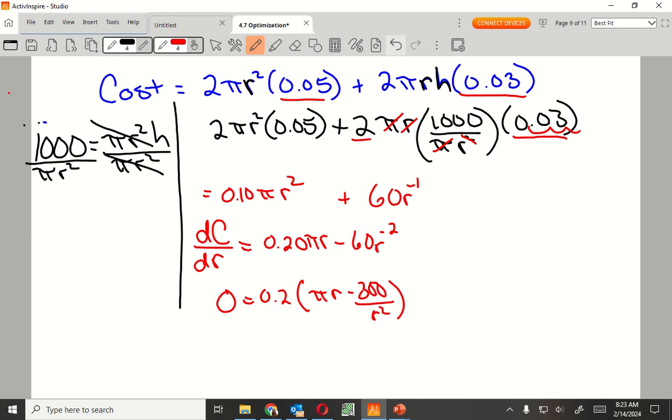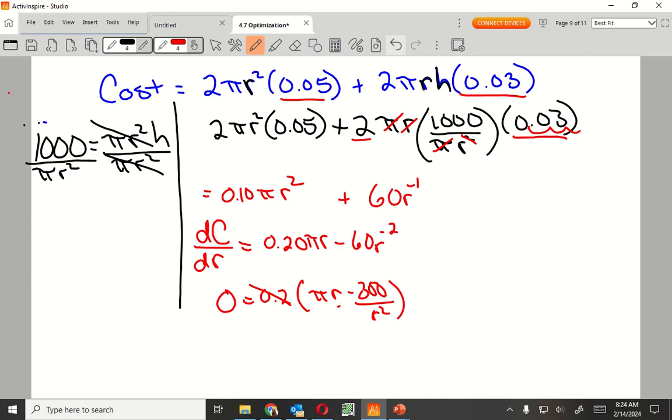Because of this, I can get rid of my 0.2, right? I factor that out to make my math a little bit easier. And let's do a common denominator. If I factor this out, this goes away, and the common denominator here is going to be r squared.